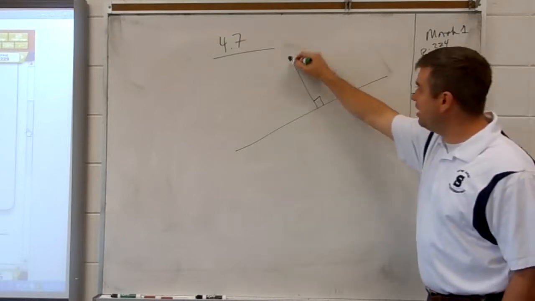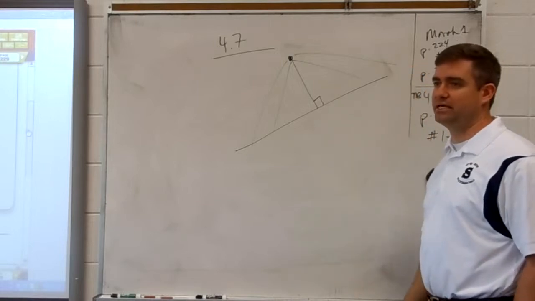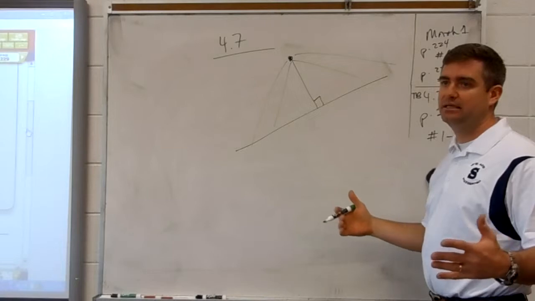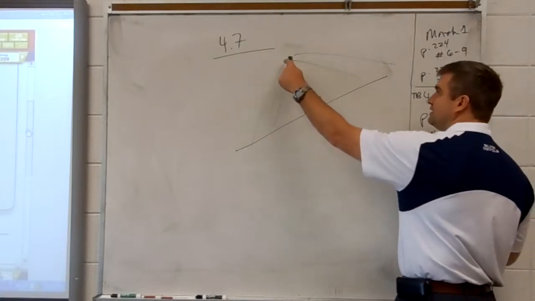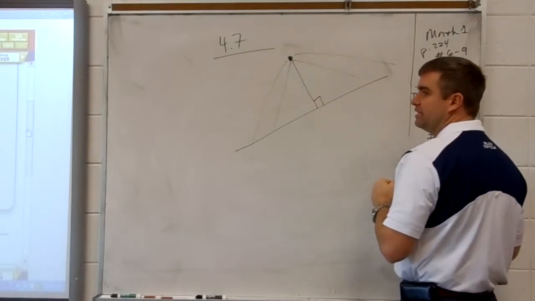Any other line out here like this or like this would not be perpendicular. If it was any other angle, it wouldn't be the shortest line. So the shortest distance between a point and a line is always going to be perpendicular.